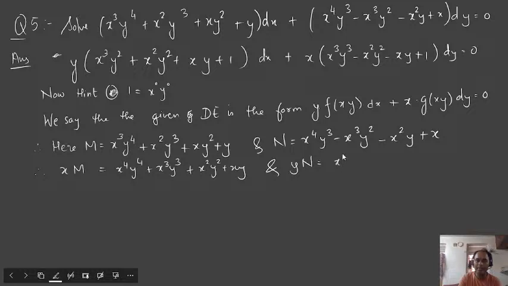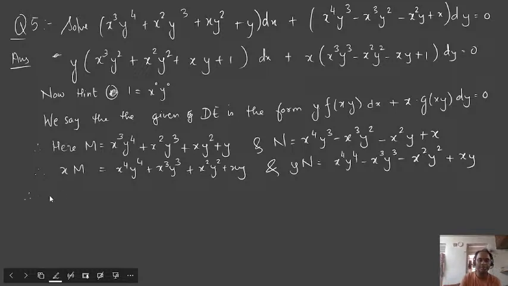So here again you have x raised to 4 y raised to 4, and then here you will get minus x cube y cube minus x square y square, and then there is xy. This is what you get.